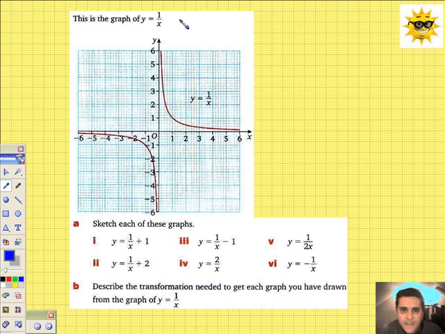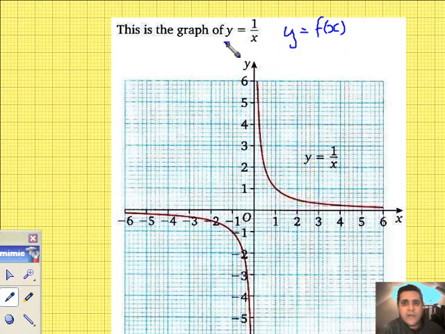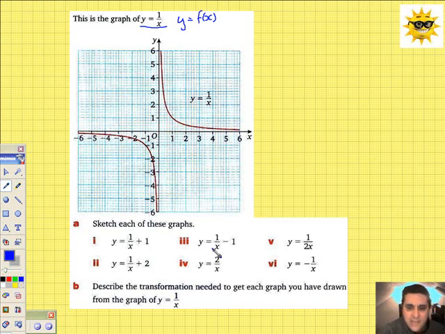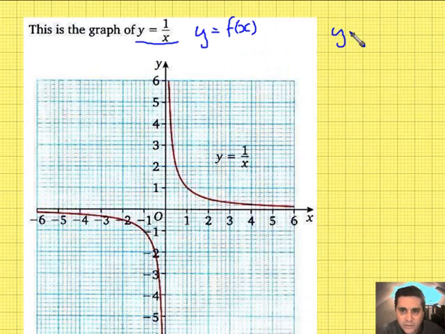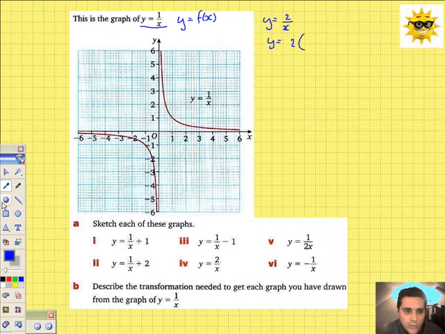If I look at it carefully, I've got my original y equals some sort of function of x, and that's defined as 1 over x. And if I look at this graph here, I've got y equals 2 over x. Essentially, I've got y equals 2 multiplied by my original function of x. So let's just call that 2 times 1 over x.